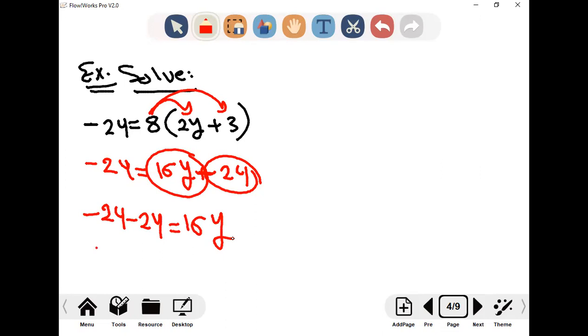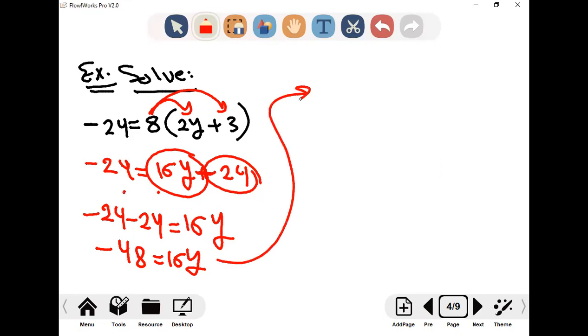So negative 48 equals 16y. Now I turn it from parentheses to a two-step equation to a one-step multiplication equation. Where is the coefficient in the last step? 16. Now what do we do? Divide both sides by the coefficient, which is 16.